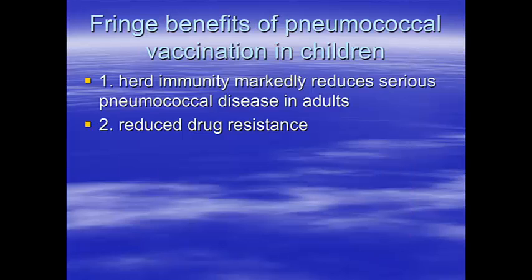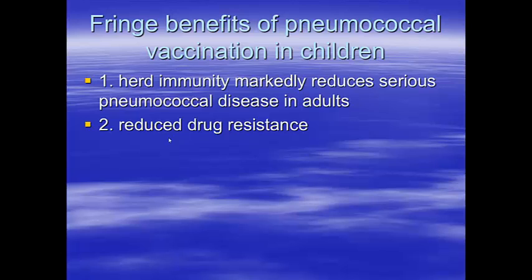Pneumococcal vaccination also produces herd immunity and may therefore prevent disease in adults, because the elderly also carry a high burden of pneumococcal disease. The other thing is that drug resistance is a problem in pneumococcus. Doctors struggle with emerging drug resistance and knowing what best antibiotic to use.